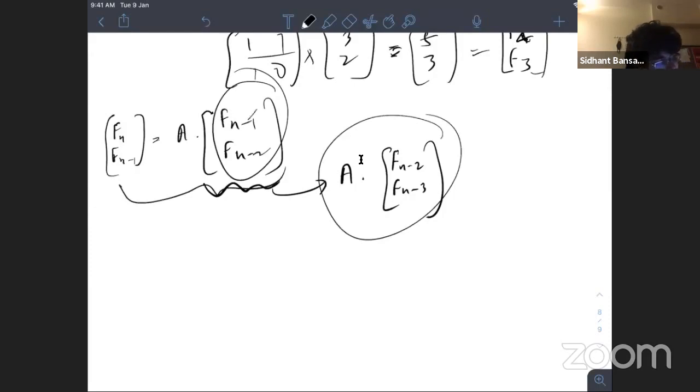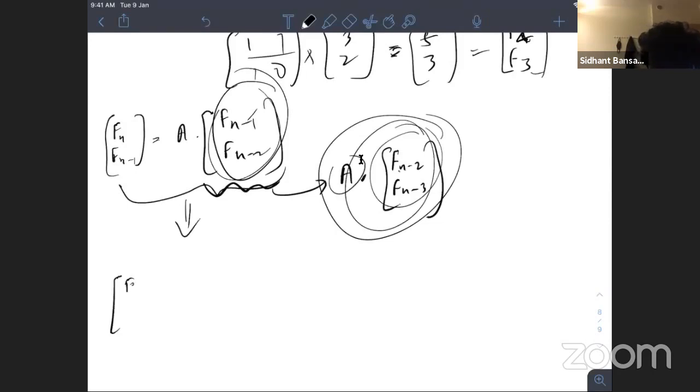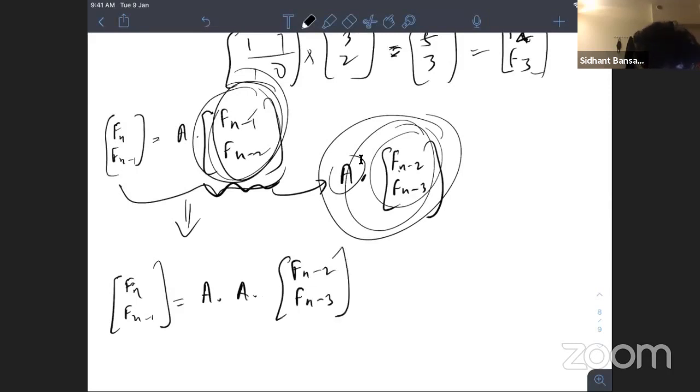This matrix times this vector. So this vector can be represented as A times A times Fn minus 2, Fn minus 3, and you have two A's together, so it's A square times Fn minus 2, Fn minus 3.